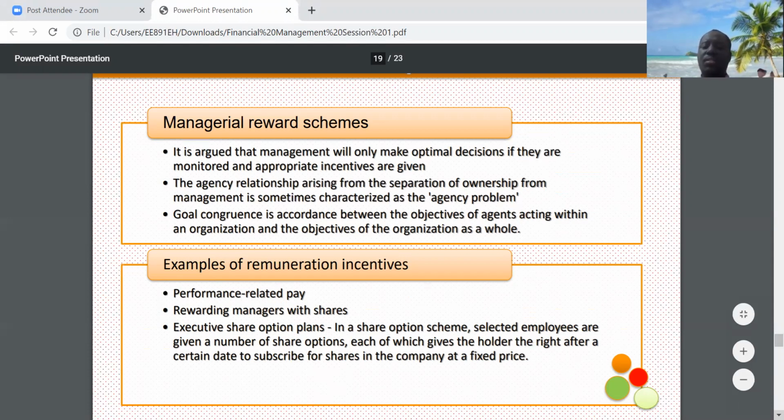It's basically a share option scheme where selected employees are given a number of share options, which means the employee has the right after a certain day to subscribe for the shares at a fixed price. So you give company shares to a group of employees who have the right to subscribe to it at a fixed price at a certain date.